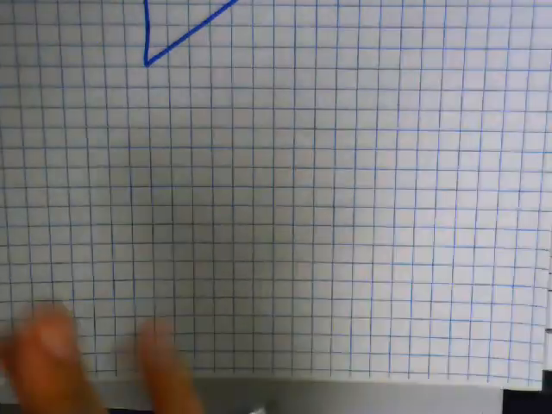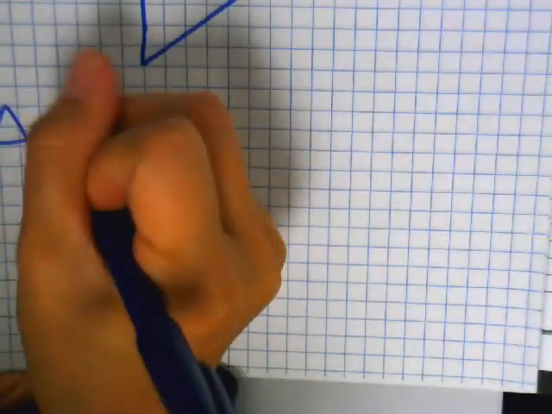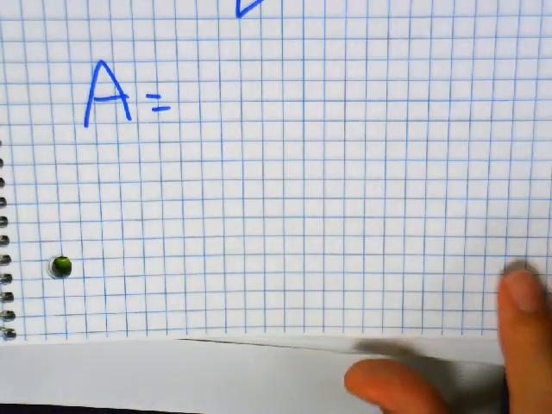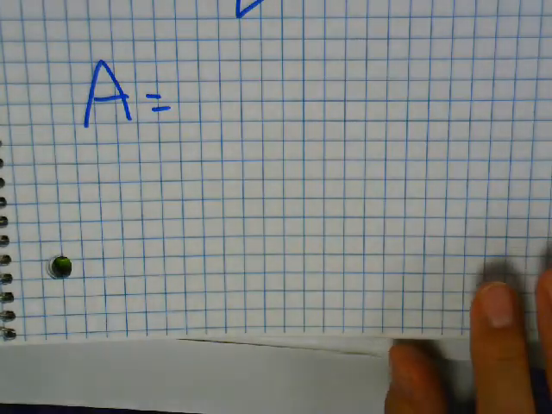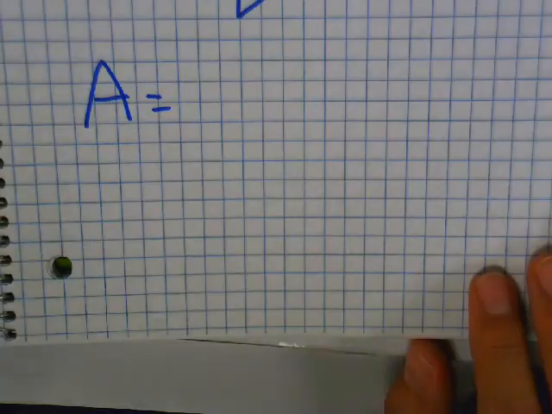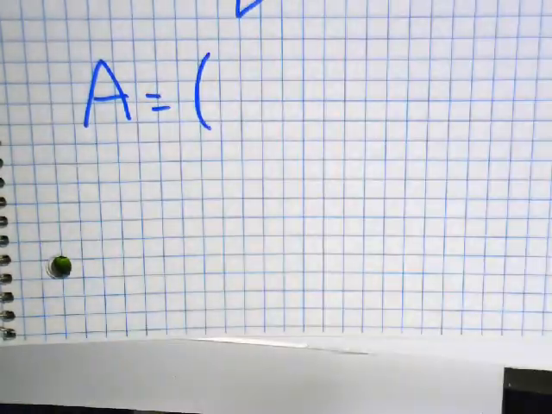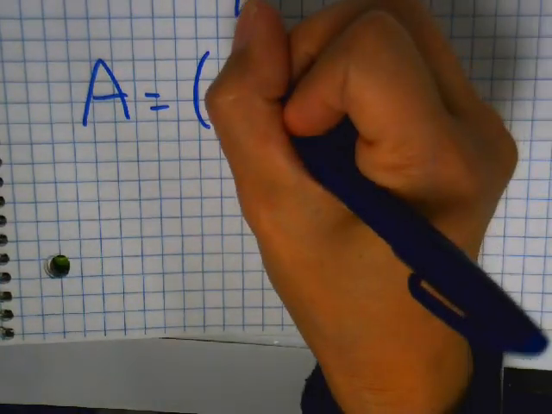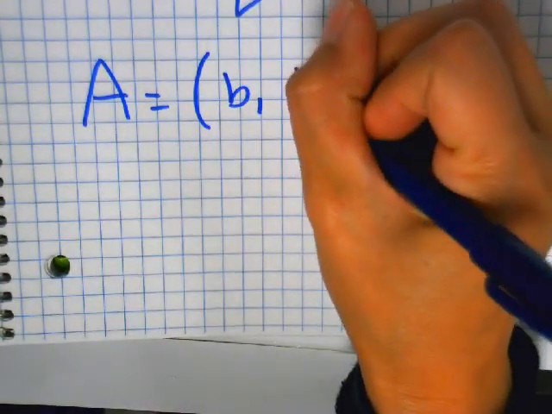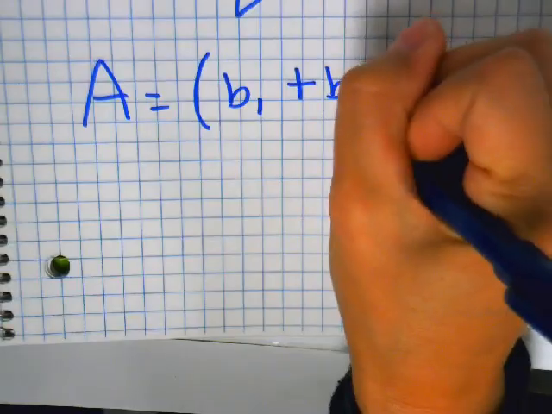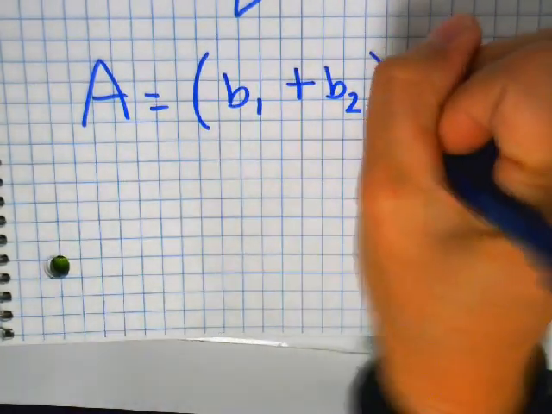I'm going to change it just a little bit, but it's going to be the same. So, area, A for area, of a trapezoid. The reason we learn this for 2 years is because it's a little harder than just triangles. You're going to do parentheses, base 1 plus base 2, parentheses.